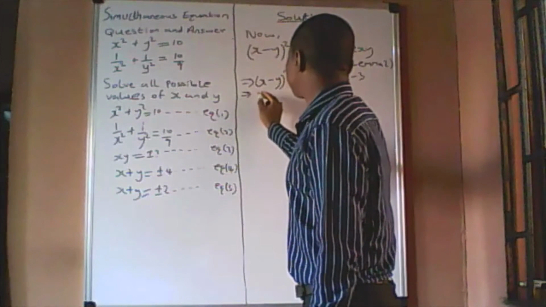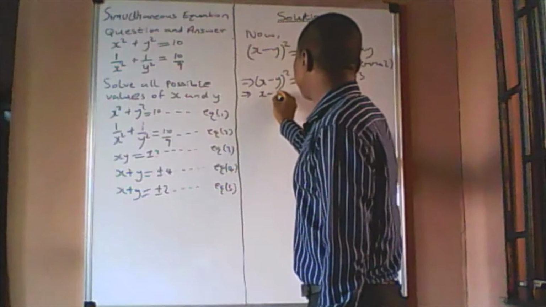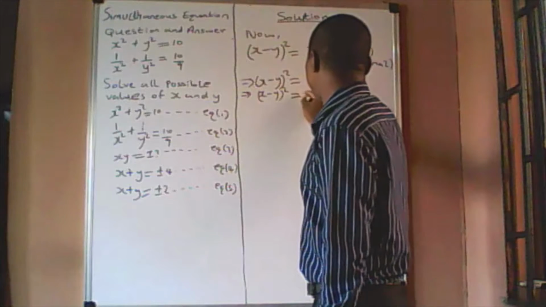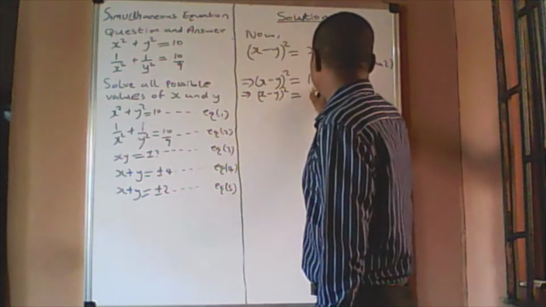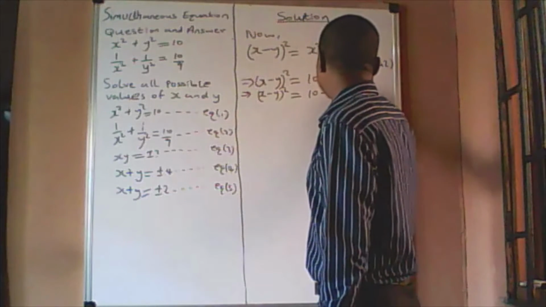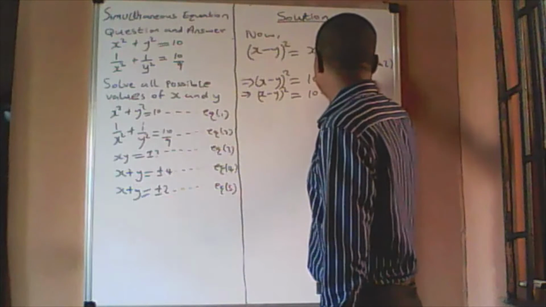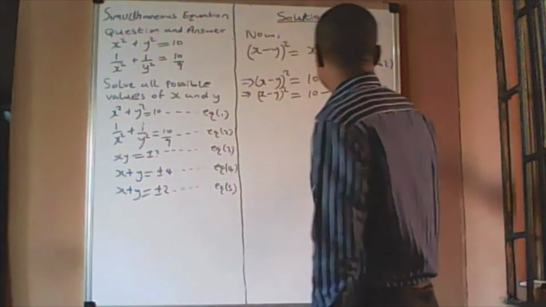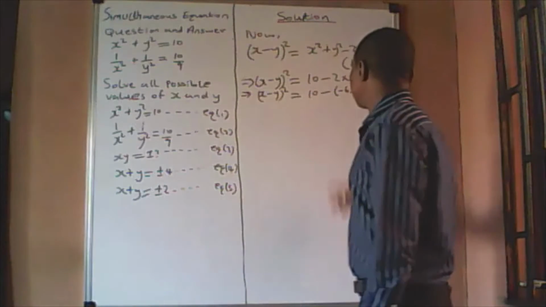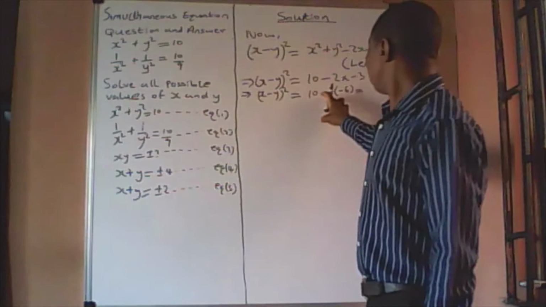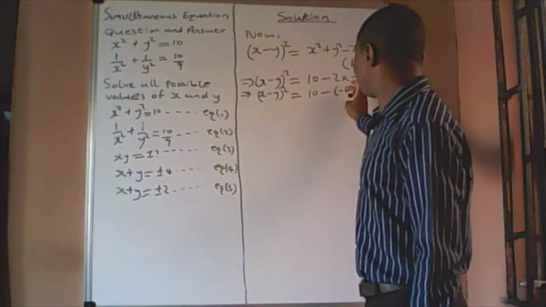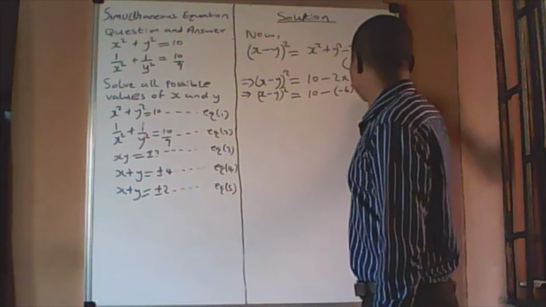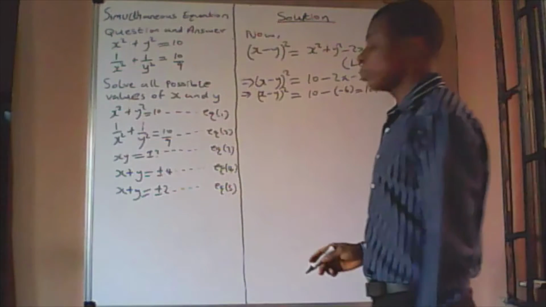It implies (x minus y) all raised to the power 2 is equal to 10 minus 2 times minus 3, which gives us minus 6, which is equal to, minus times minus gives 10 plus 6.